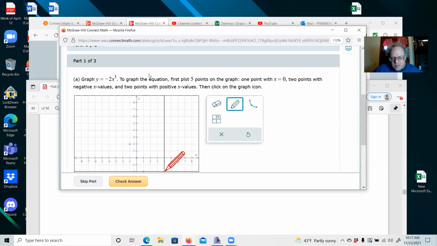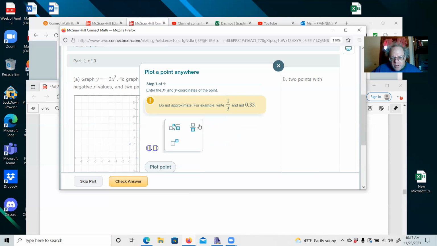Let's see where that is. I want 2. I didn't take 2 because I didn't press 2. We'll take this as negative 27 fourths. Yeah, that's okay.